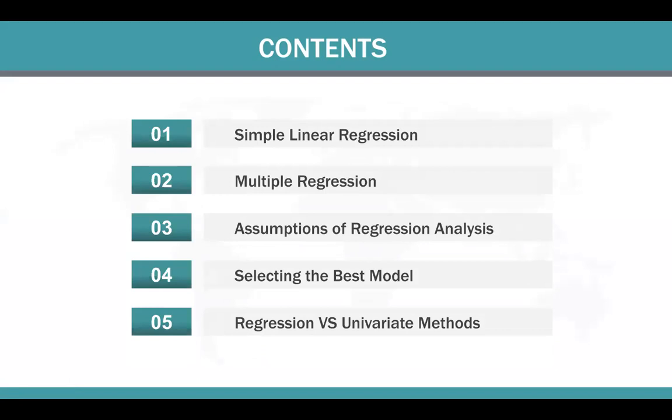Then we will talk about the assumptions of regression analysis and how to select the best model. And finally, we will talk about regression versus univariate methods. Which one is better, and what are the advantages and disadvantages between those methods.